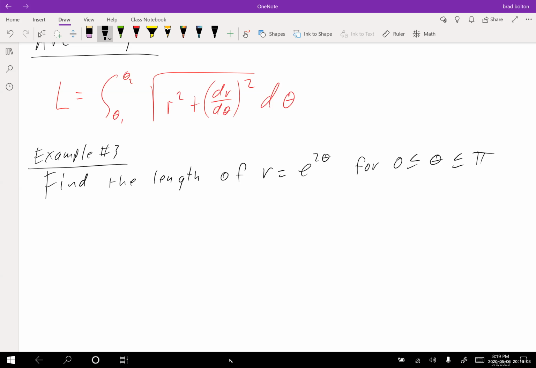So they gave us the when, right? They gave us theta is between 0 and pi. So we're going to have to find dr d theta. The first thing we need is dr d theta. We have r equals e to the 2 theta, so we take d d theta of both sides.